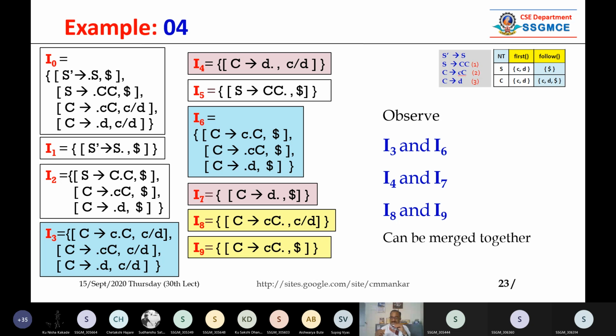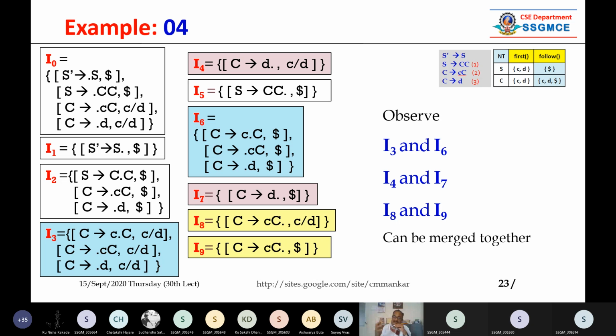So if there are multiple look aheads and the number of productions is more, then it is very hard manually to merge them or identify the similarity between the core components. It is very hard. Anyway, from these three pairs, we can generate I36, I47, and I89 as single states.